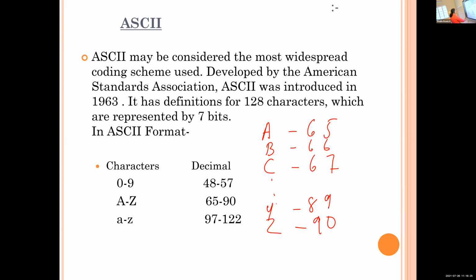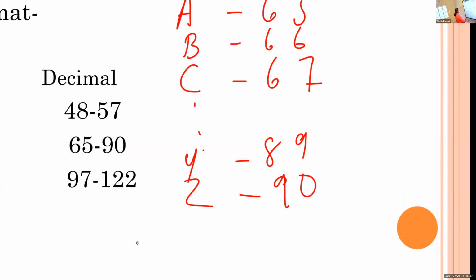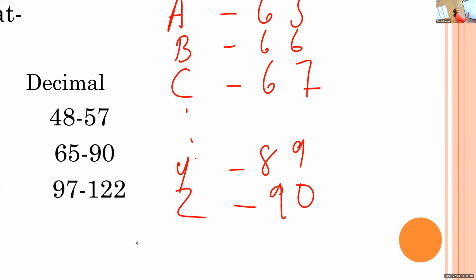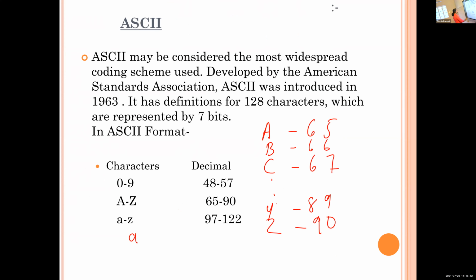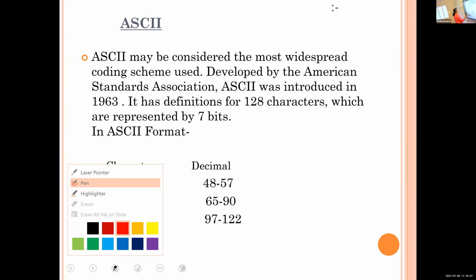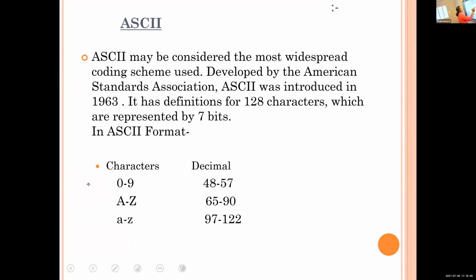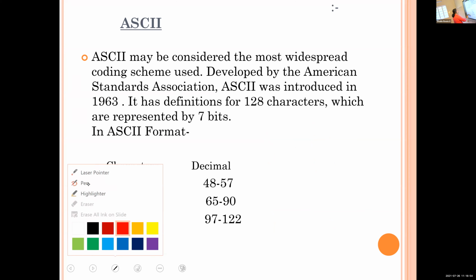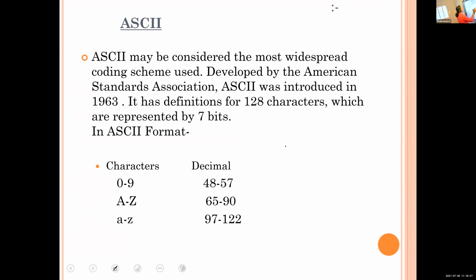Then what about the next value, small letter a? It is 97. Small letter a is 97.